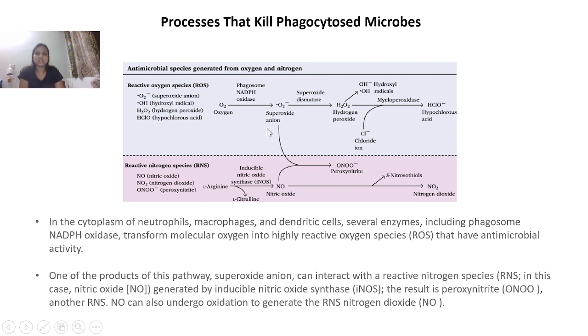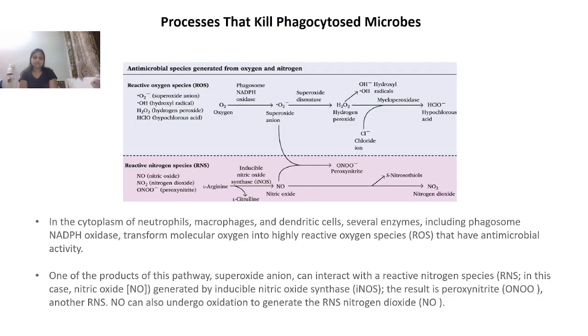Here you can see the superoxide anion of the ROS pathway will interact with nitric oxide and form a peroxynitrite, and all these species will then lead to the killing of the phagocytosed microbes. So there are different kinds of signaling as well as production of these antimicrobial species generated inside the cells which will kill these phagocytosed microbes.